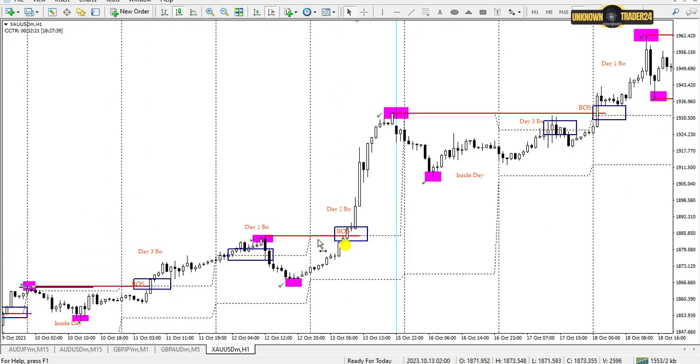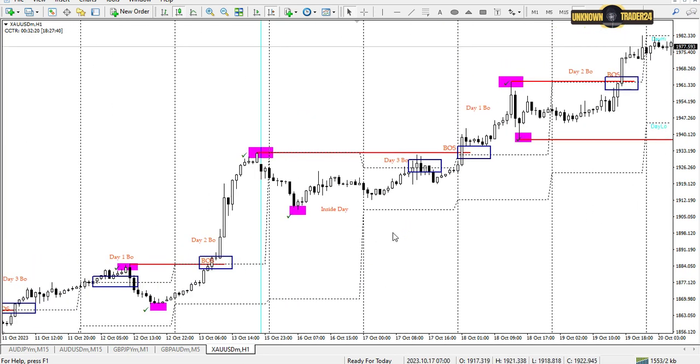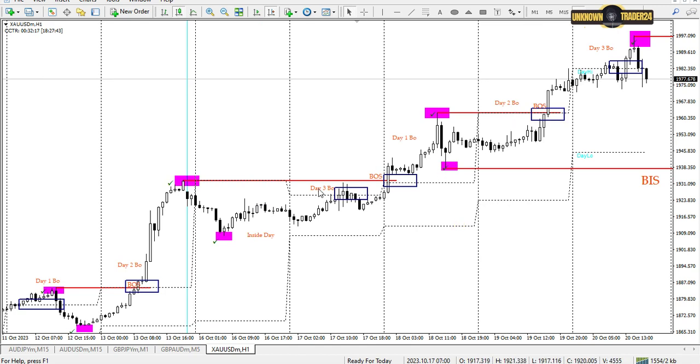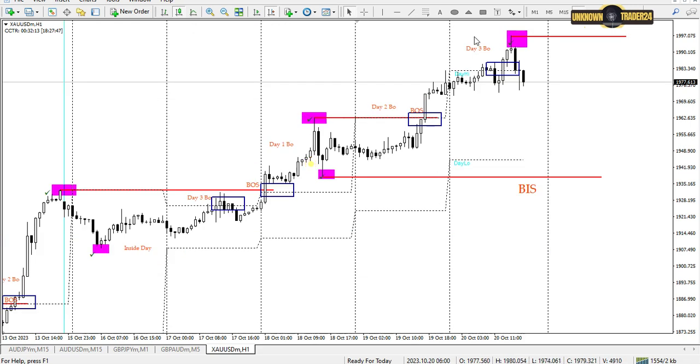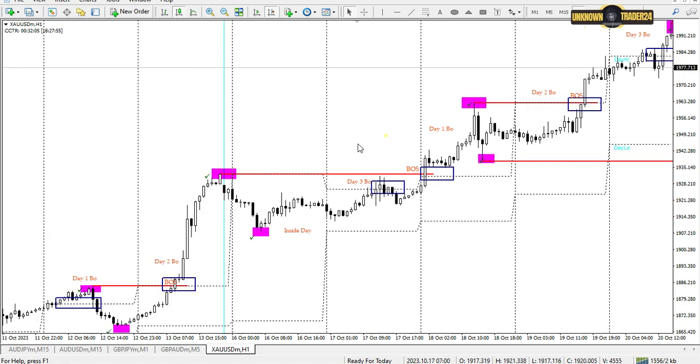So there are three possibilities, three things that can happen on a day 3. As you can see, today was day 3. We are not looking for counter trends, and I will show you something in a minute.